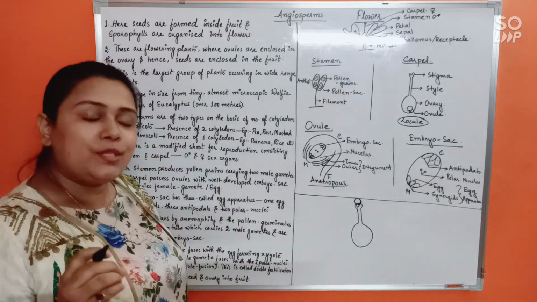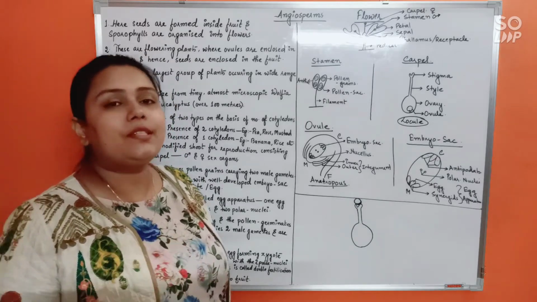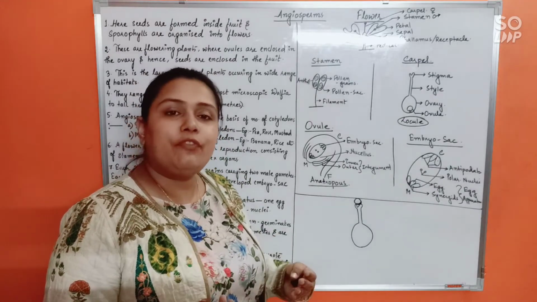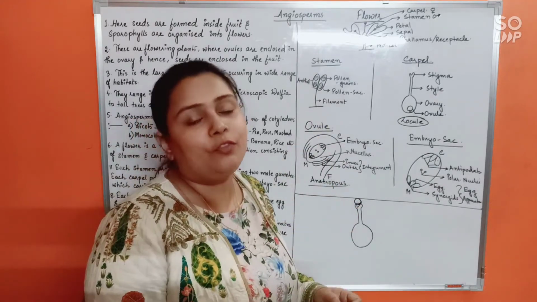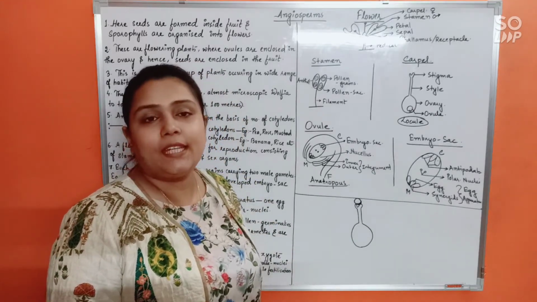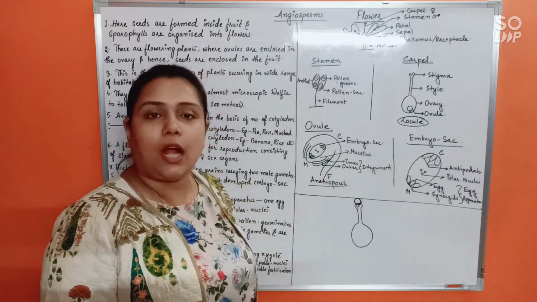The pollen grain comes and lodges at the stigma of the carpel with the help of various types of pollinating agents. Okay. The transfer of pollen grains from the stamen to the stigma of the carpel is called pollination. So by various types of pollinating agents, a pollen grain successfully reaches the stigma of the carpel.